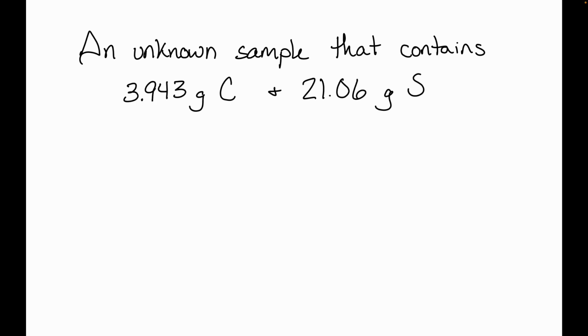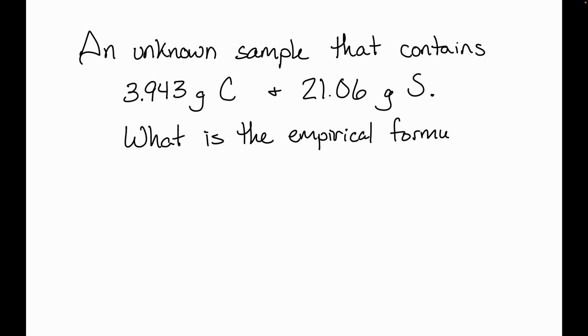Those are the only two elements in this compound here. Okay, so what is the empirical formula of our unknown here? Okay, so this is the type of data that a mass spec would tell you. It would tell you your amount of each element that you have in terms of the mass of that element.